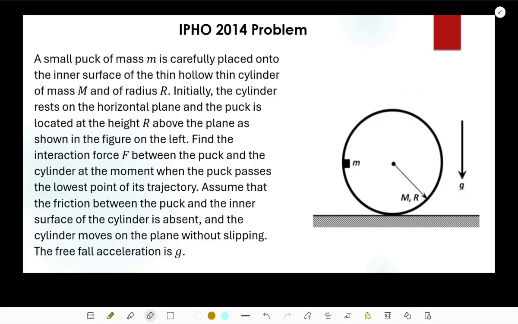So everything is static, at rest, at the start. And the advantage lies with the puck of mass small m to start any motion, given the condition at its disposal.